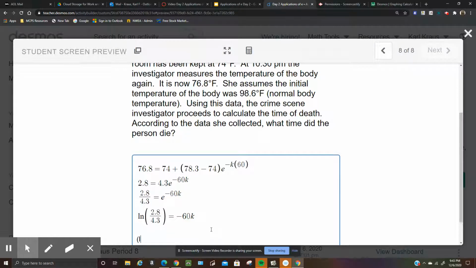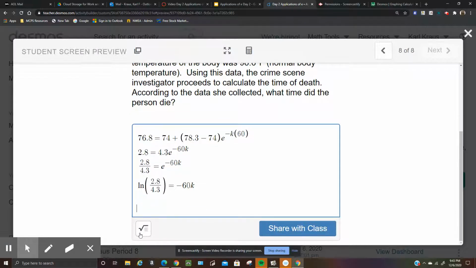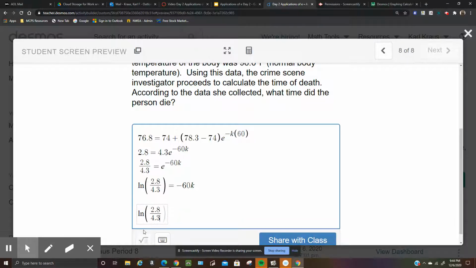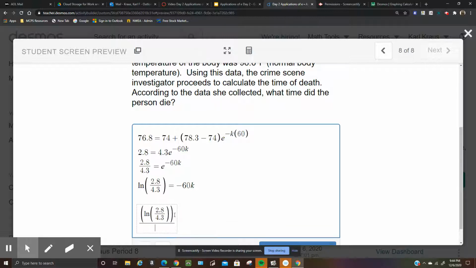So natural log 2.8 over 4.3. You want to divide that whole expression by negative 60. And that equals K.